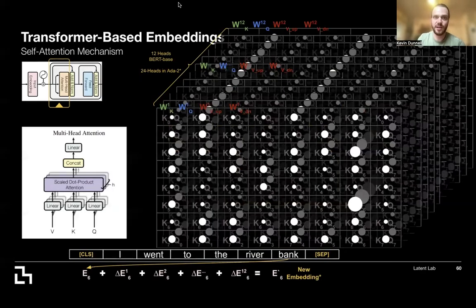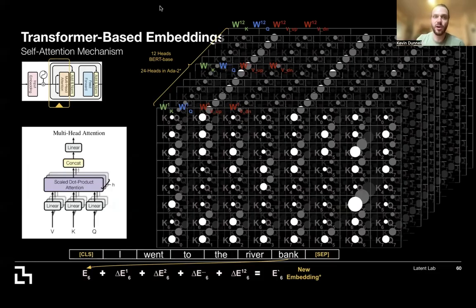If we look across the entirety of multi-head attention, we have a much larger set of attention patterns here. And so the idea is that each one of these self-attention heads would learn basically a different perspective on how the tokens influence other tokens. Each one of these heads, as I mentioned, has its own attention pattern, which are essentially its own proposed changes to the token embeddings in each one of the positions.